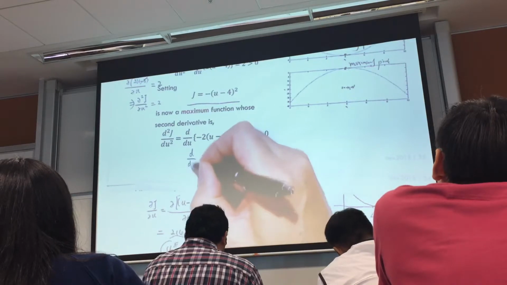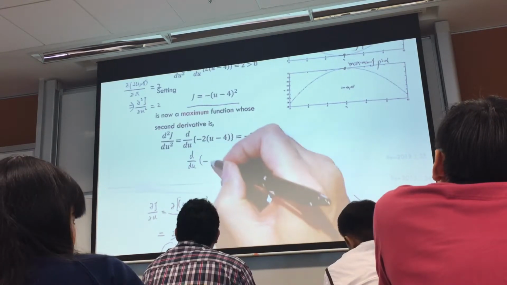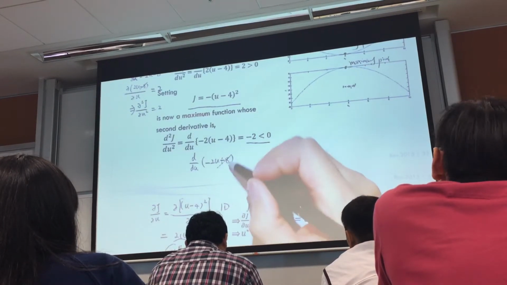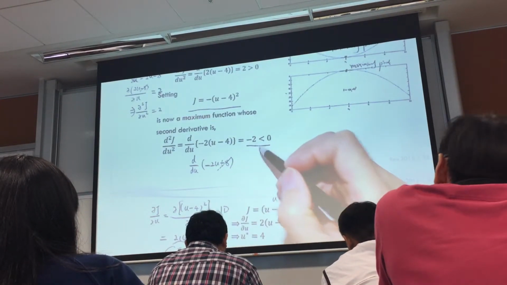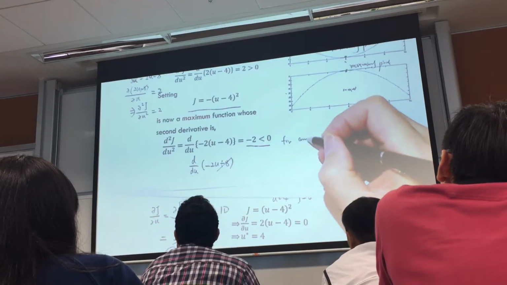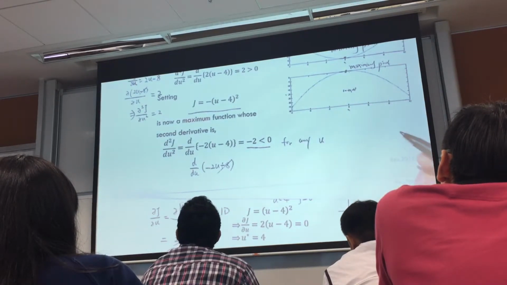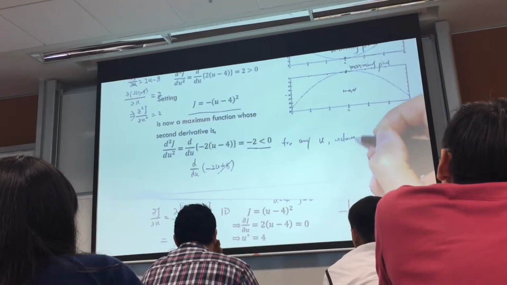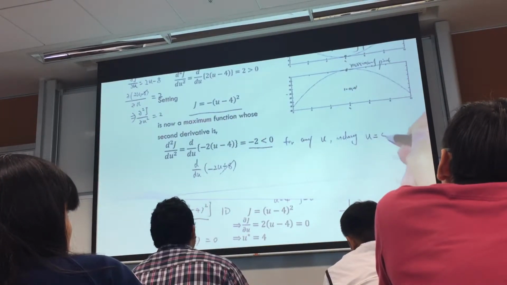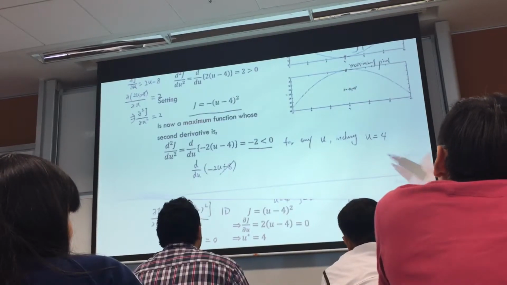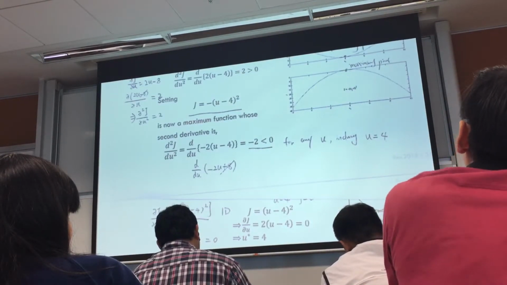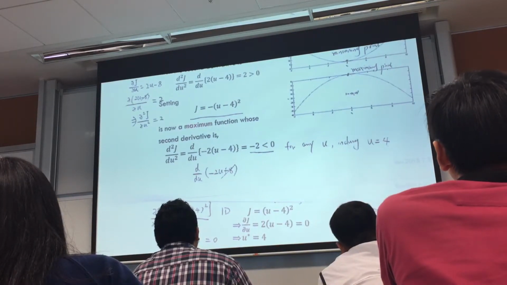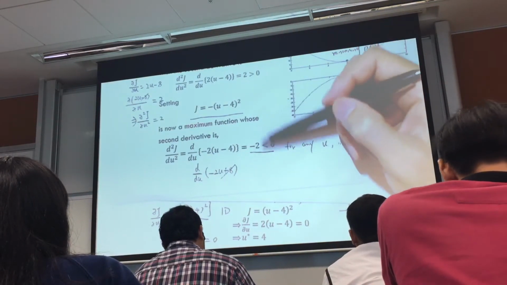The dJ/du is minus 2u plus 8, and the derivative of the constant is equal to 0, so the second derivative is minus 2 for any control input, for any u, and certainly including this u equal to 4.